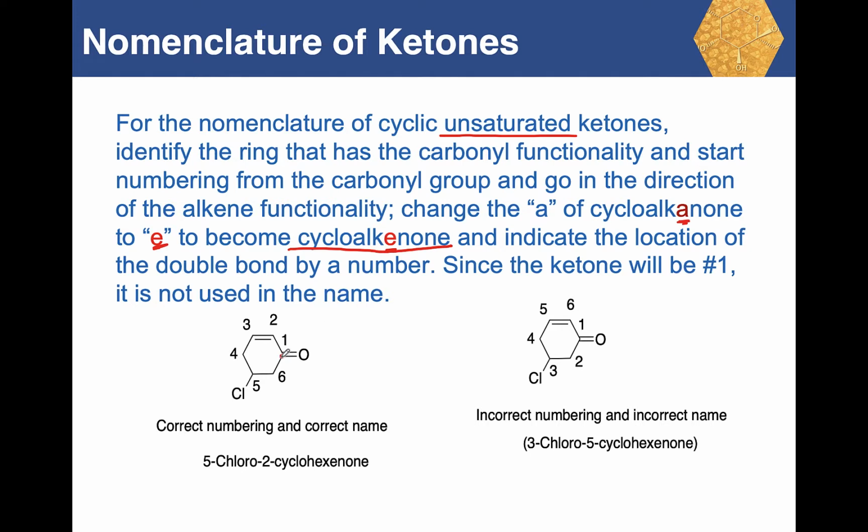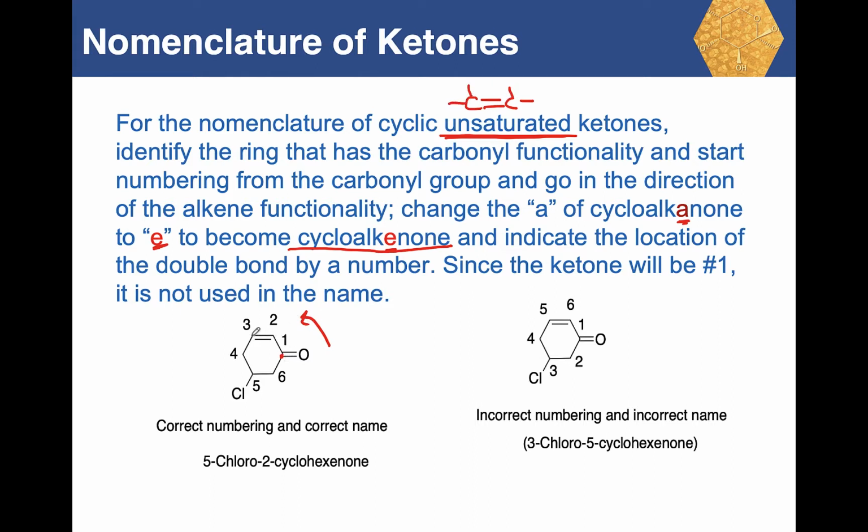In this case though, we number in the direction of the double bond. So we go in the direction of the double bond, not in the direction of the branch. So if there is an unsaturation, we go in the direction of the double bond. Remember, unsaturation here means a carbon-carbon double bond.